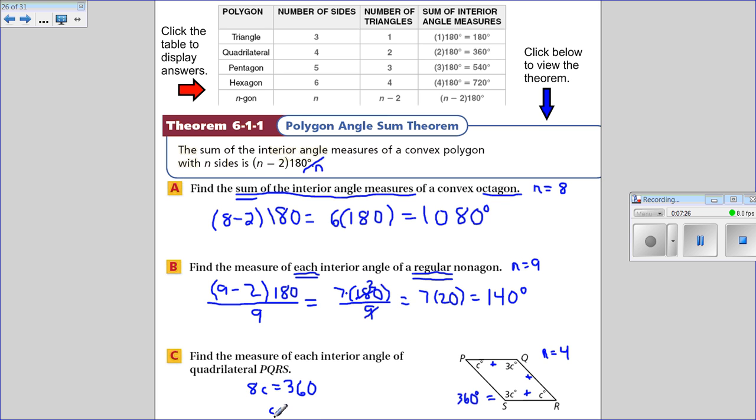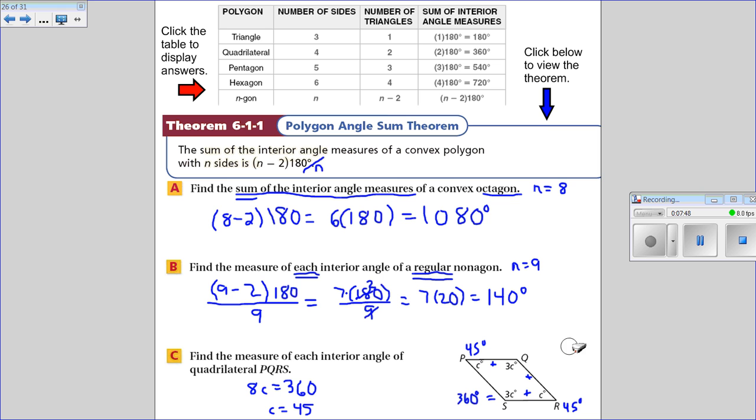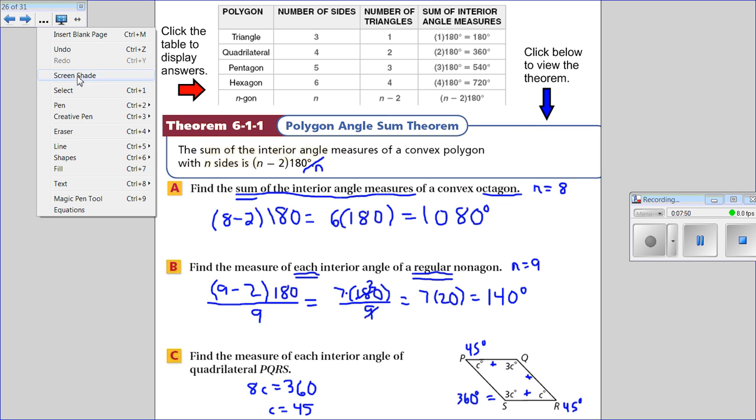Divide by 8, and C is 45. So angle P is 45 degrees, and angle R down here is 45 degrees. If I take 45 times 3, I get my other two angles, since those were both 3C's.